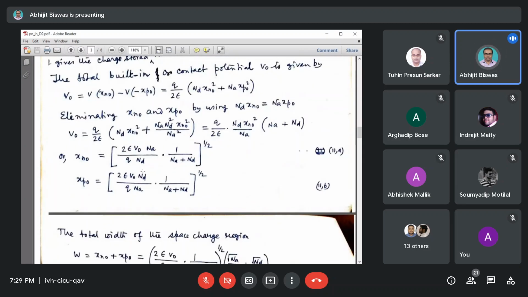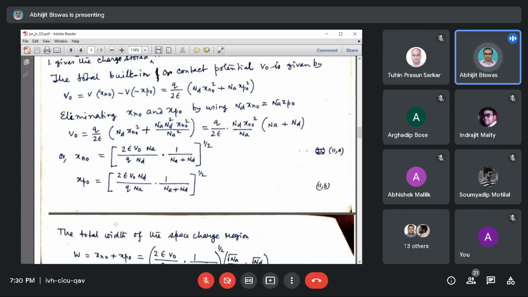And if you eliminate the values of Xn0 and Xp0 by using this relationship Nd into Xn0 equal to Na into Xp0, you can get the expression for the contact potential in terms of Nd, Na, and Xn0. So Xn0 can be expressed in terms of contact potential and Na and Nd.